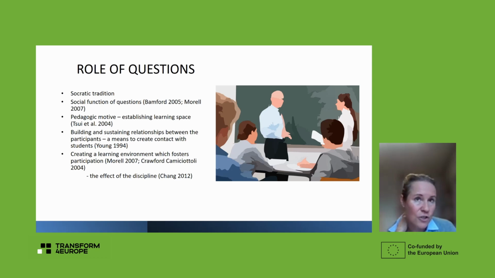Cheng points out that lectures in humanities and in social sciences use questions and also other interaction prompts more frequently than lectures in natural sciences. Why? Well, we know that the nature of knowledge in social sciences and humanities is different. It is typically more open, allows various interpretations, different perspectives, and it's easier to make the learning process more dialogical, more student-centered. So this is definitely something to consider.